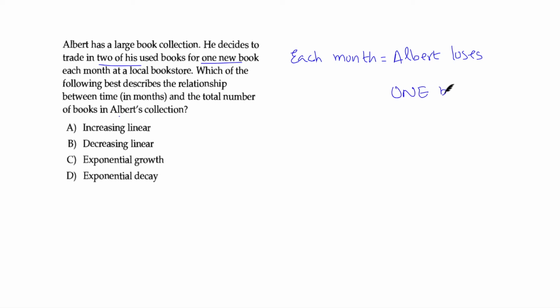This is your relationship. So this is a constant here. And whenever you have a constant increase or decrease, you are looking at a linear relationship. And because it's a decrease, we are looking at option choice B, decreasing linear. I hope you understand.